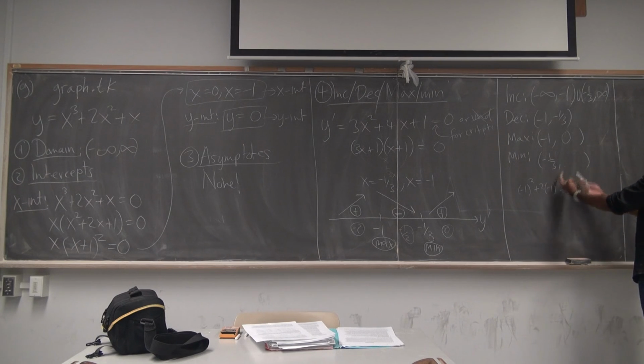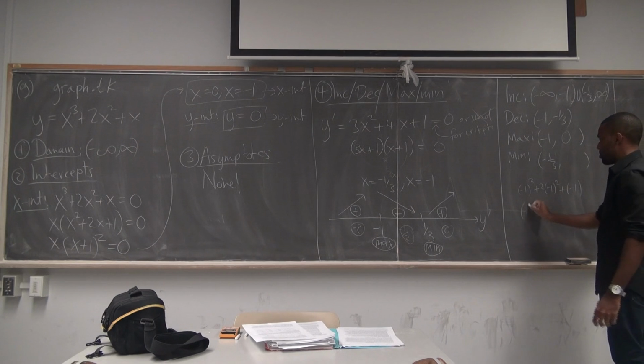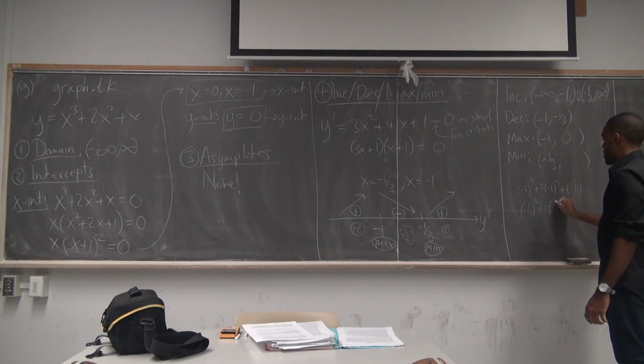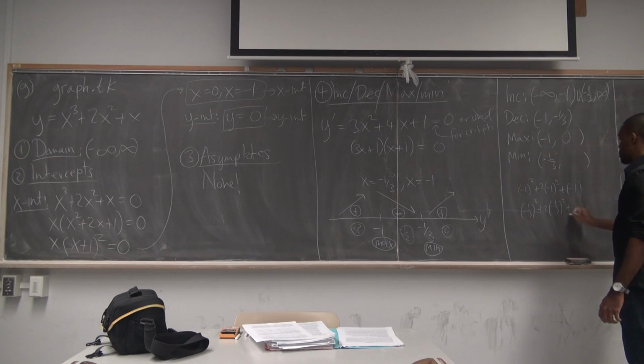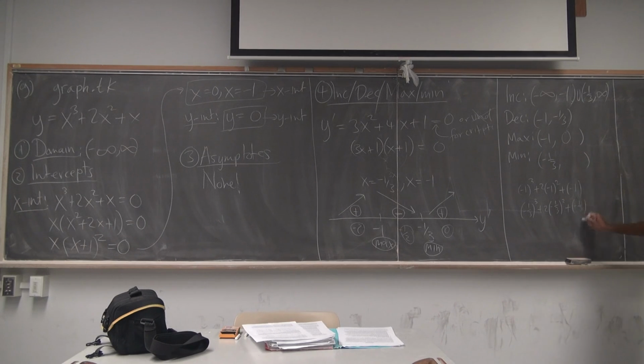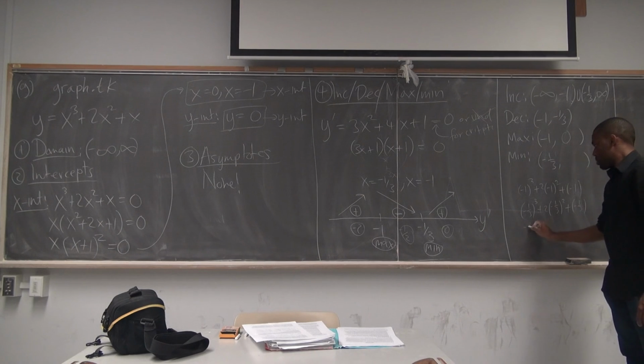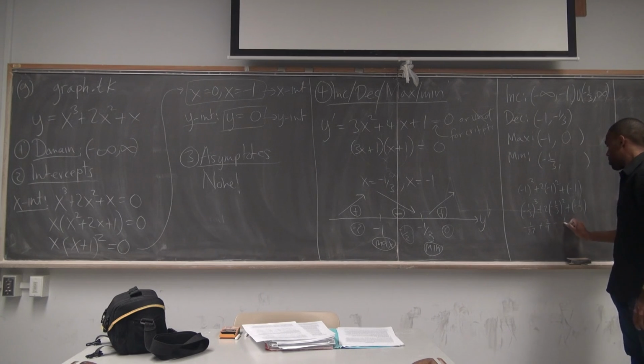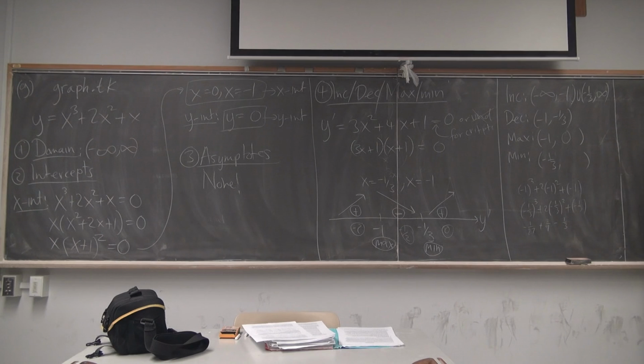And then for this one, I'm going to plug in minus 1/3 cubed plus 2 times minus 1/3 squared plus minus 1/3. So this gives me minus 1 over 27 plus 2 over 9 minus 1 over 3. How do I figure that out?